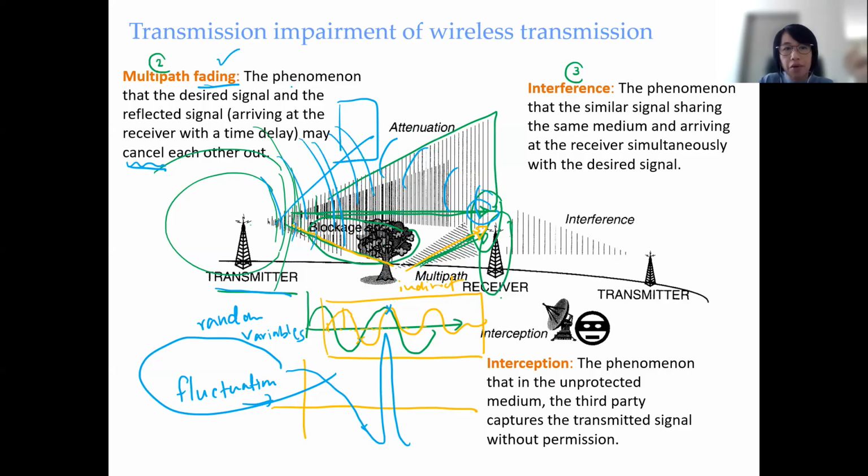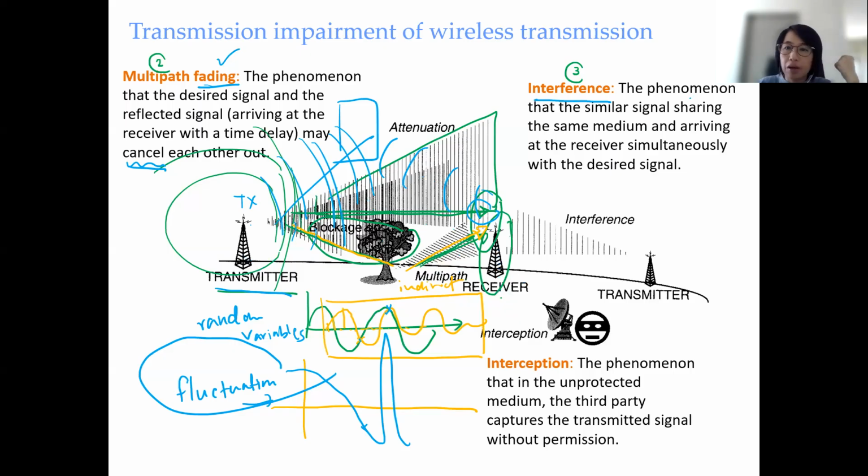I repeat again, for multi-path fading, there is only one transmitter sending multiple versions of its signal to the receiver. So it means that the receiver side will receive many signals from only one transmitter. Okay. So for interference, what is it?